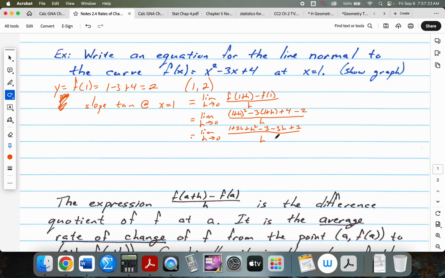This is where something wonderful happens, because notice that the constants in the numerator, 1, -3, and 2, all add up to 0. That's what we hope happens. So it'll be the limit as h goes to 0 of, if I group the other like terms that are left, I've got an h squared and a 2h minus 3h, that's minus h, all over h.